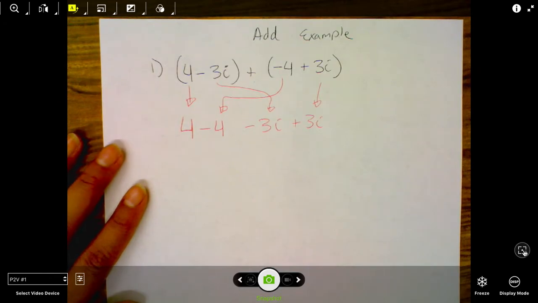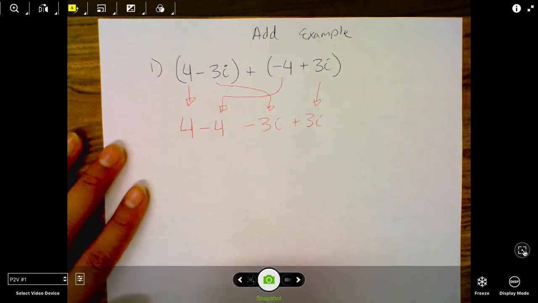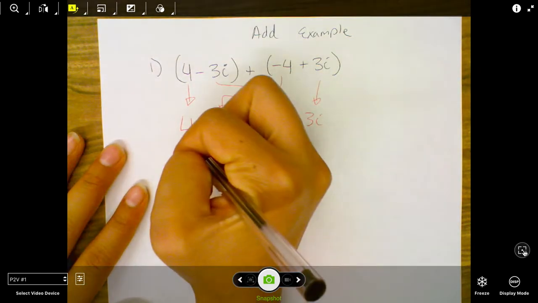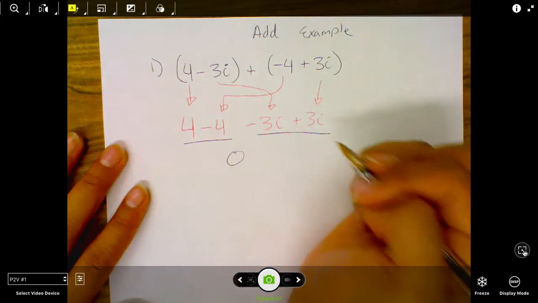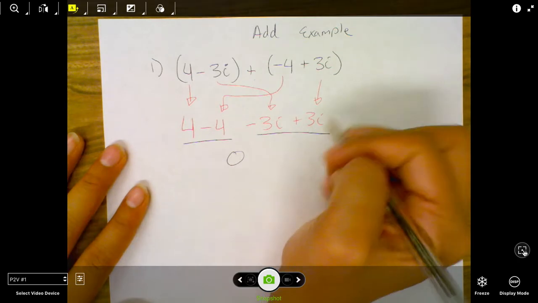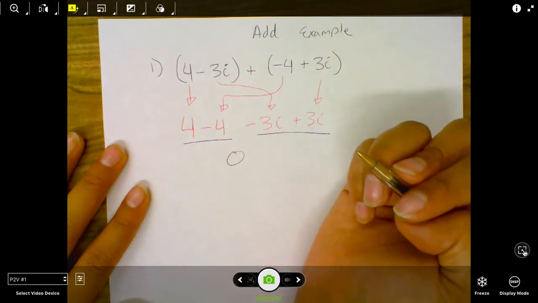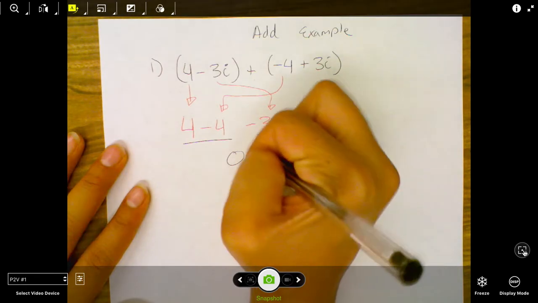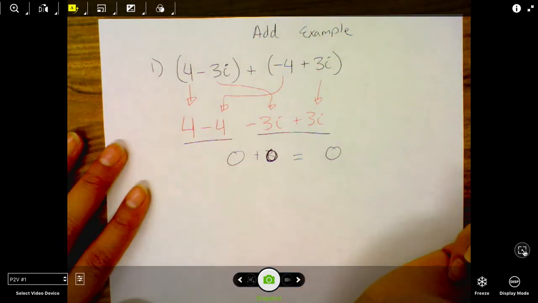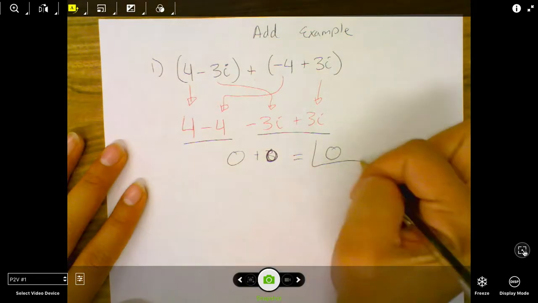Then we'll add them together. If you've noticed, this is going to end up canceling out. 4 minus 4 ends up being 0. -3i plus 3i also ends up being 0. So this wasn't a great example because the answer ends up being 0.